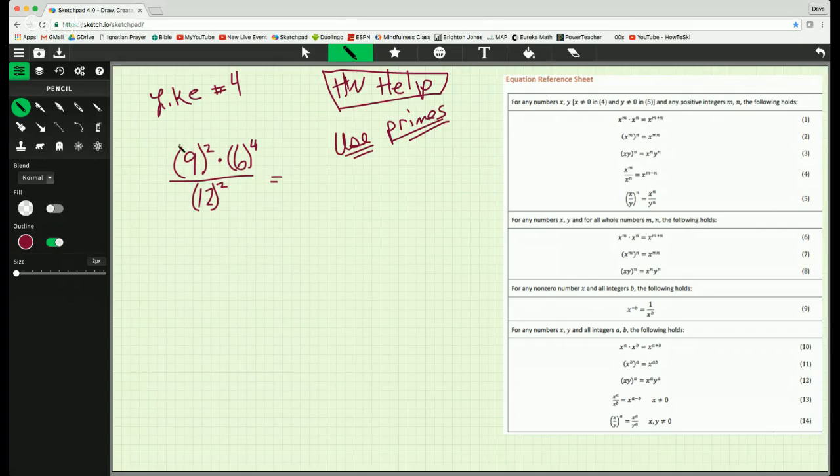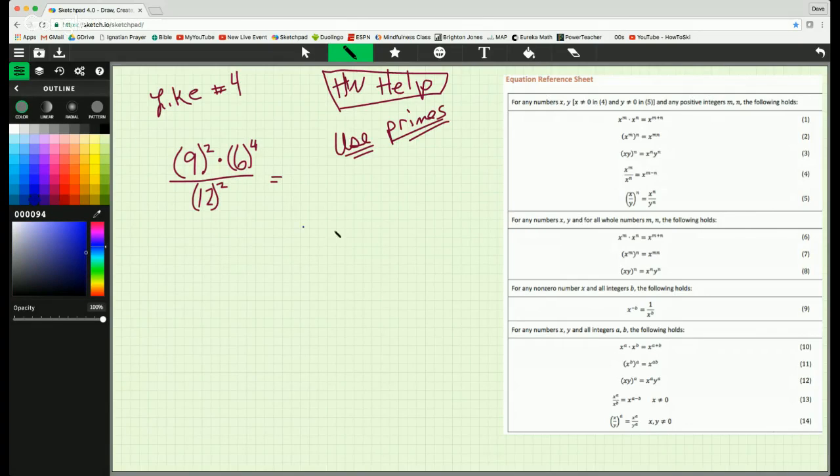So we need to basically do a prime factorization on each of these numbers, and then we're going to use our rules over here to turn around and simplify this expression.